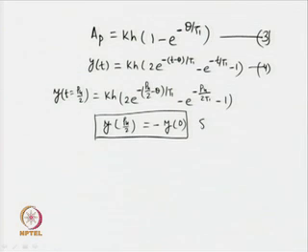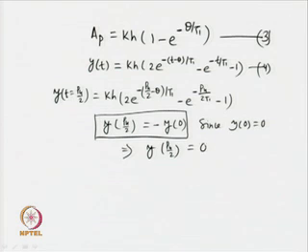The output can be sustained oscillatory output provided this condition is satisfied. Then, since y(0) is equal to 0, then y(Pu by 2) has to be also 0.